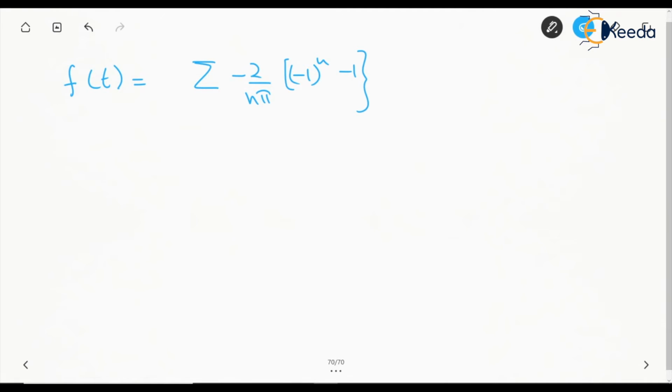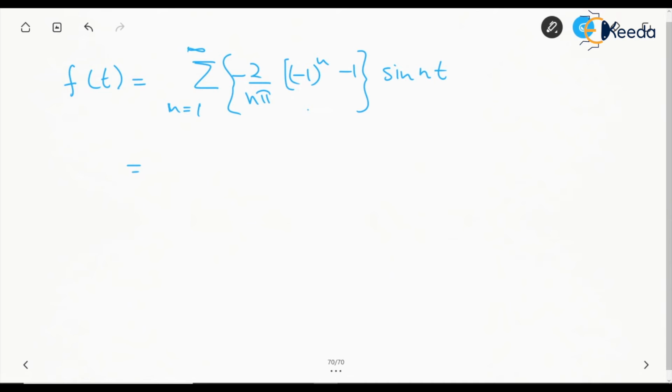So this is your Bn into sine of n t. Yes, so this is Bn and this is sine n pi x by L, and n will take values from 1 to infinity.